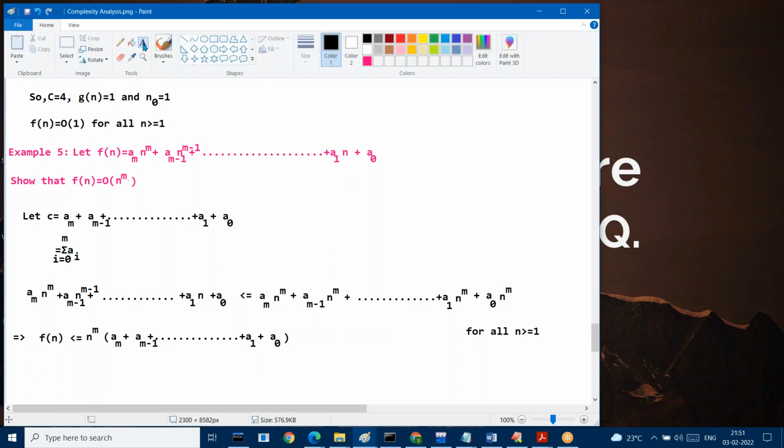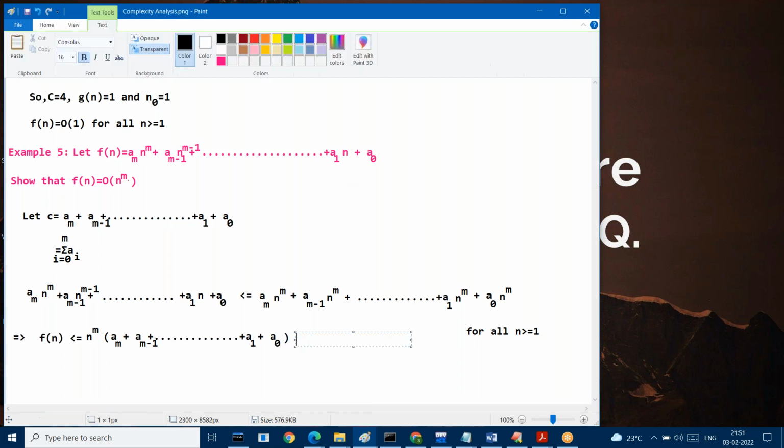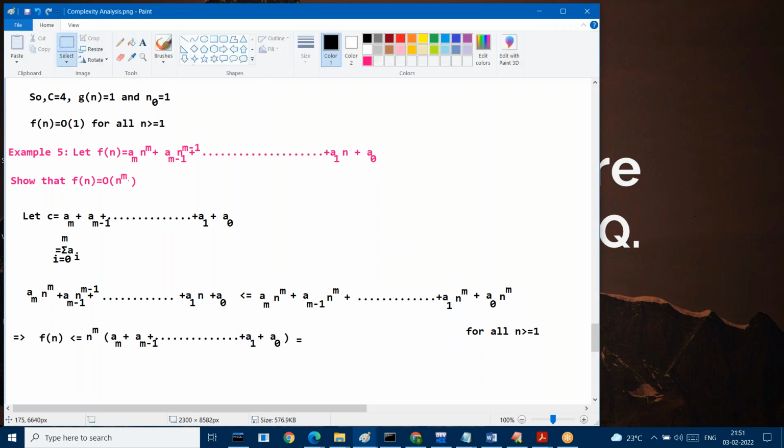So can I say that this thing is basically equal to n to the power m into this summation.